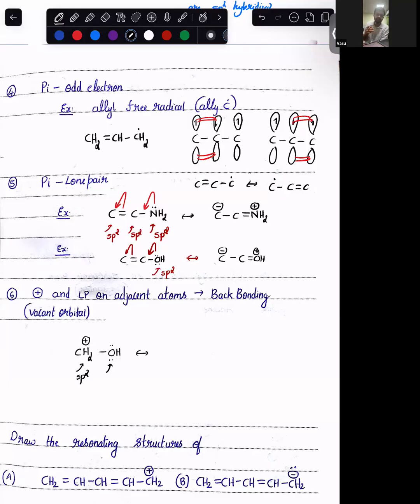It can donate that lone pair of electrons in a coordinate bond to this so that it can become an octet complete structure, right? Okay. So this is a case of resonance. Back bonding is also a case of resonance. So this also becomes sp2 so that the lone pair will be present in parallel orbital, or it can be donated into this vacant orbital, and you can show the structure as CH2 double bond OH positive.